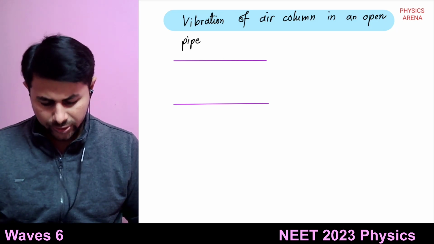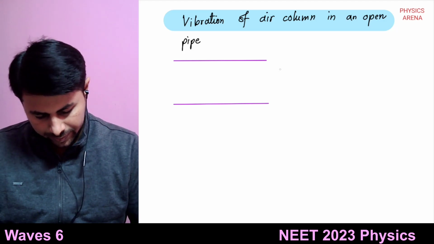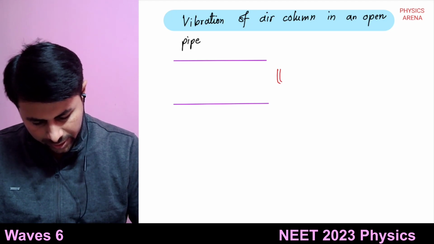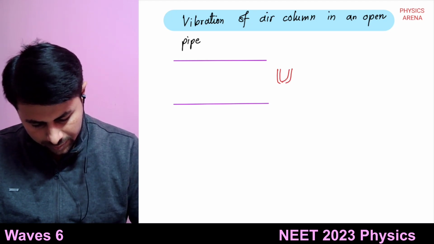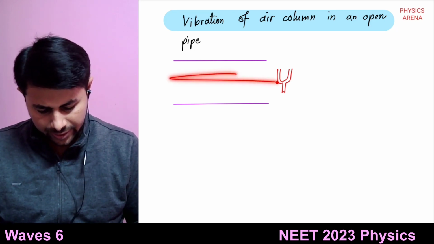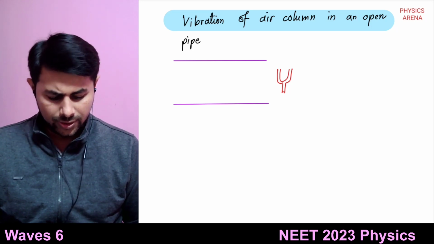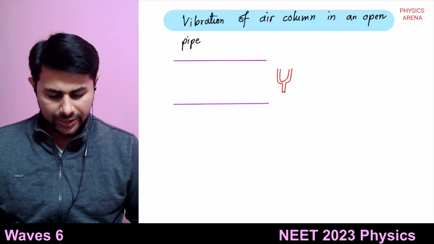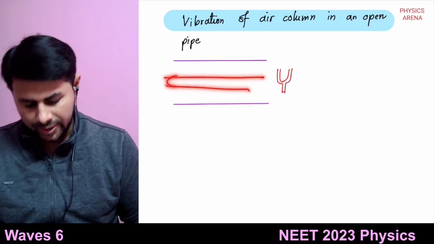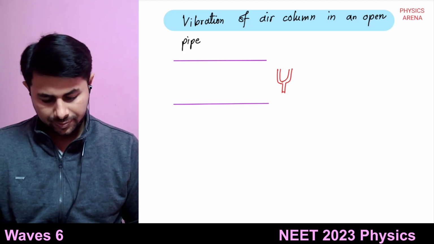So if you take a tuning fork, okay, you hammer it on a rubber pad, you keep it over here, it will set vibrations in the air column of this pipe. So now see, once again we can say that compressions and rarefactions are produced, they reach the other end, and they get reflected back, right?